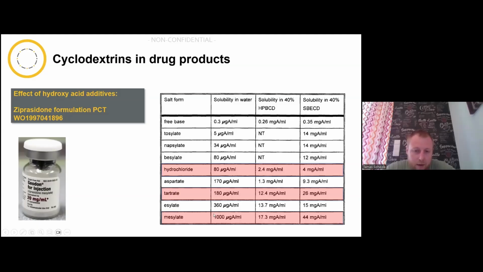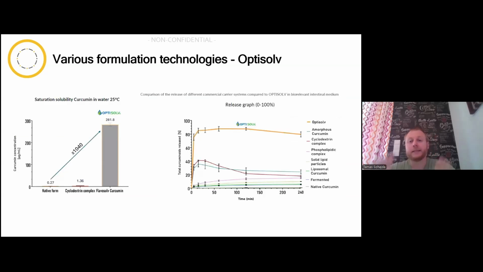Whereas similarly, the mesylate that had a very good intrinsic solubility was not that much improved with the cyclodextrin compared to these ones. So the type of the salt form of the active ingredient, or what type of form you use, is also very critical in the complexation. Just wanted to emphasize that.